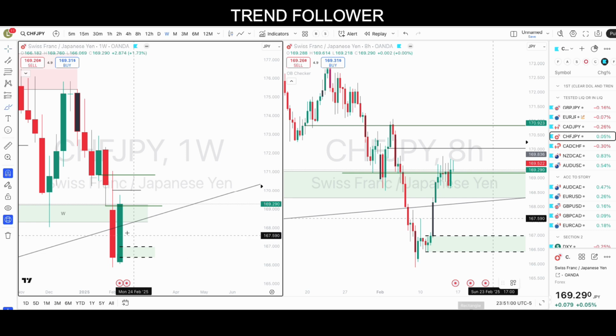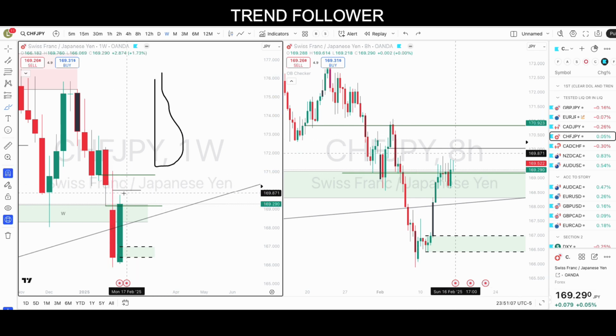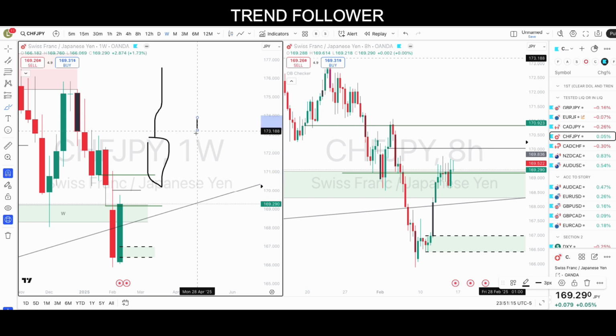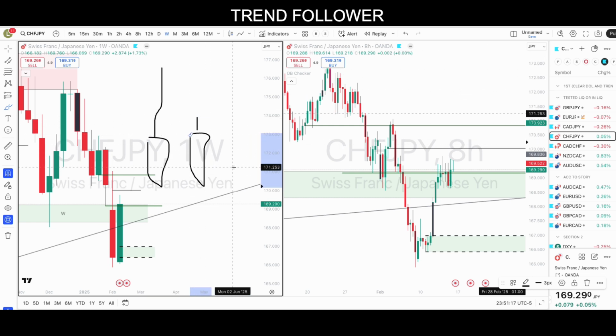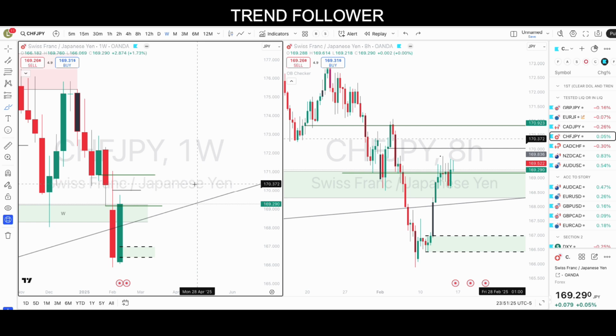Whenever you have a long wick candle like this, and the second candle has a very low wick like this, right? So you basically have a long wick, let's say, and the second is a short wick. Now the third candle can act like supply if you can find something important there.